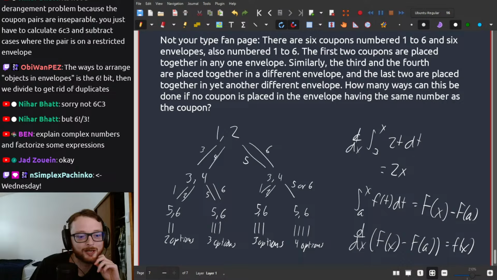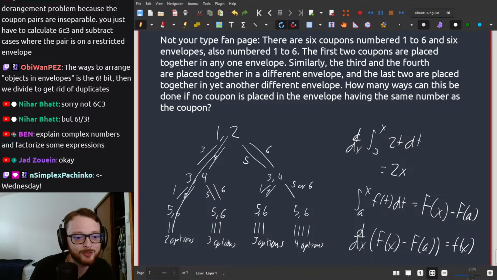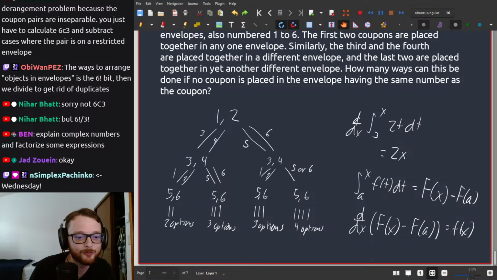You probably need to go down each branch of the tree and multiply the number of options? Wait, actually, let's see if this gets an answer that matches. So what I'm going to do is multiply down each branch of the tree and then add up each of the results of those multiplications. I don't know if this is going to work. I'm just kind of spitballing here.